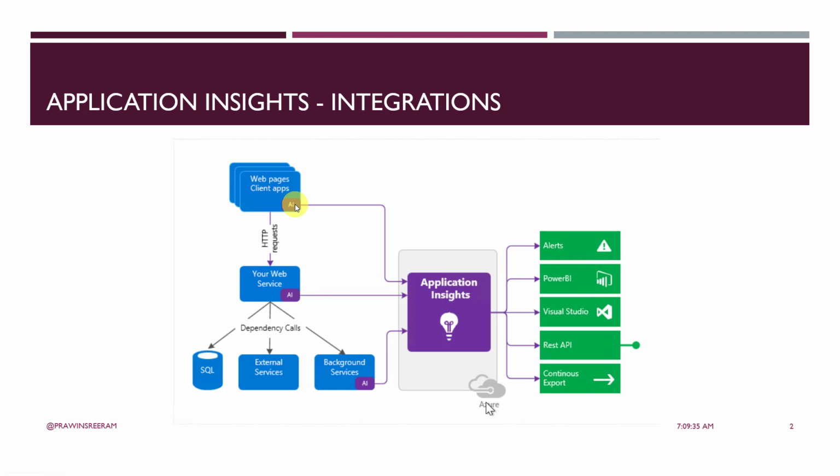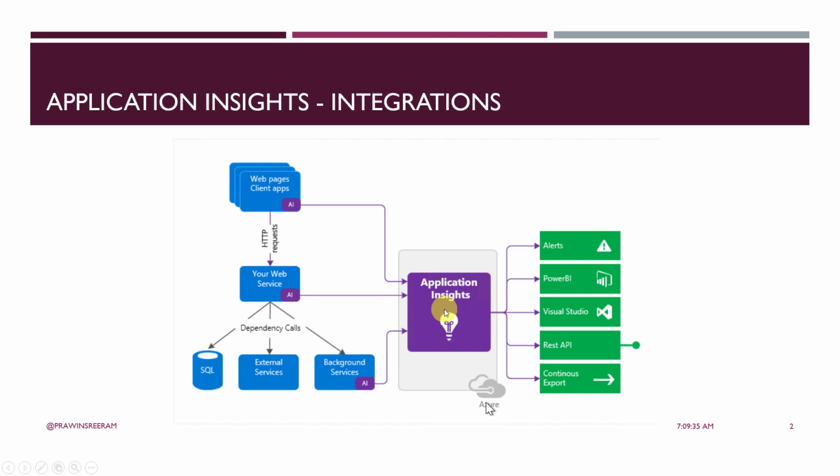These are called instrumentation packages. That is nothing but code and packages, third party packages. Of course, those packages are also written by Microsoft. Whatever is in blue color is code developed by our developers, who use these small utility packages which take care of pushing the telemetry data to Application Insights.